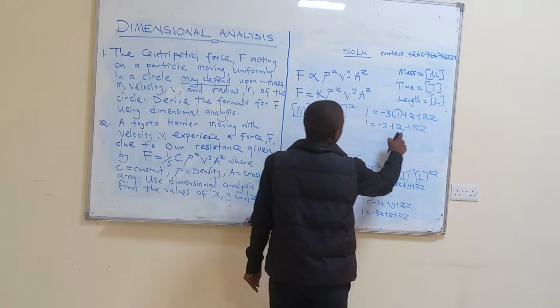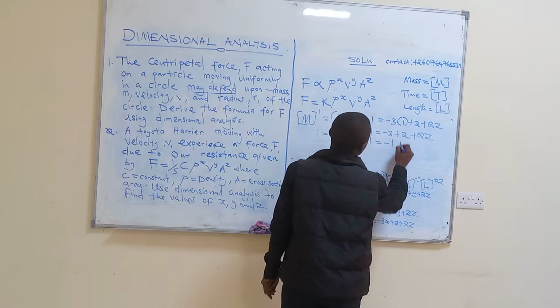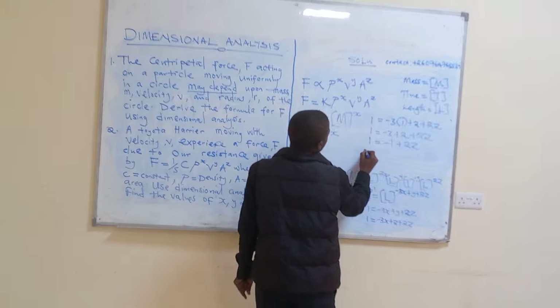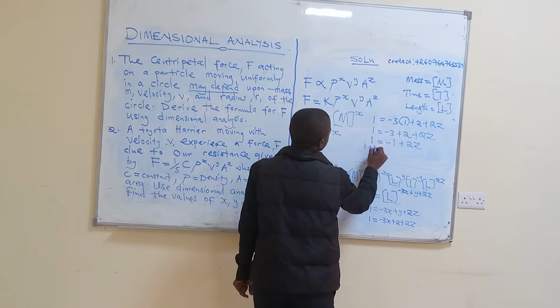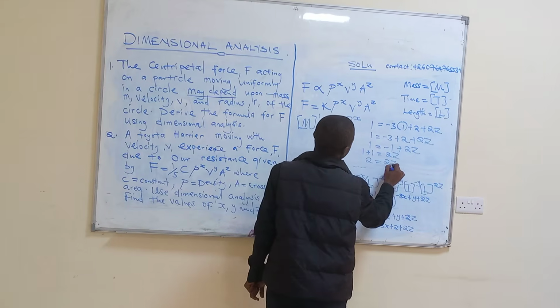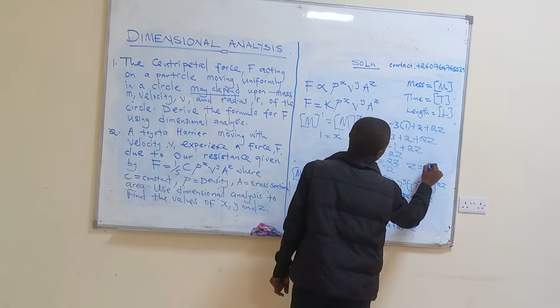When you do the calculation, you are going to find 1 is equal to negative 1 plus 2z, which is, when you bring that over, 1 plus 1 is equal to 2z, 2 is equal to 2z. So over 2 over 2, the value for z is equal to 1.